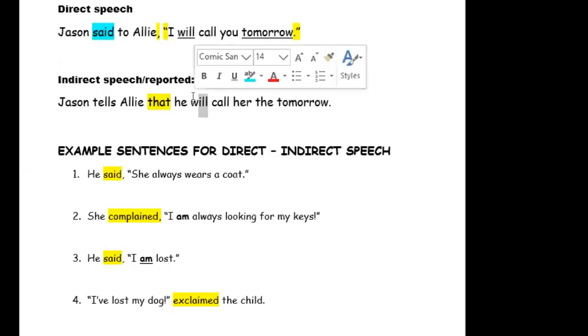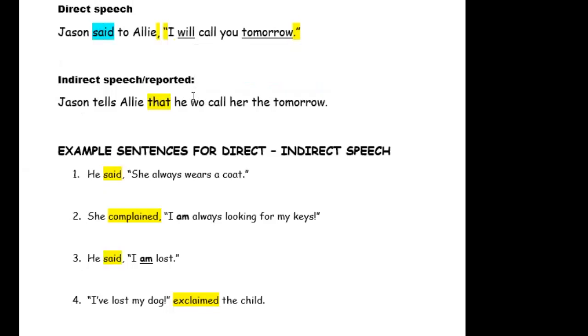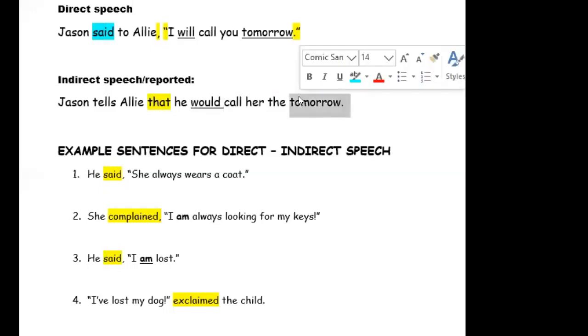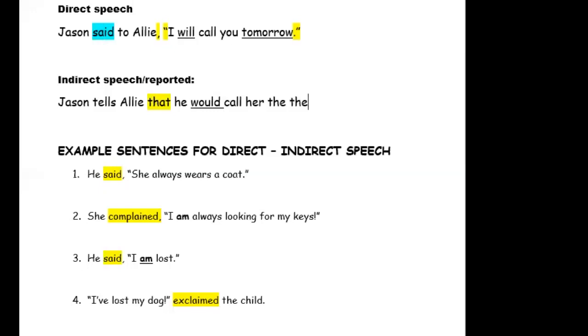What does will become, guys? Who can answer this for me? Will becomes would, right? Good, good, Sibu. Right. And tomorrow, what does tomorrow become? The next day.